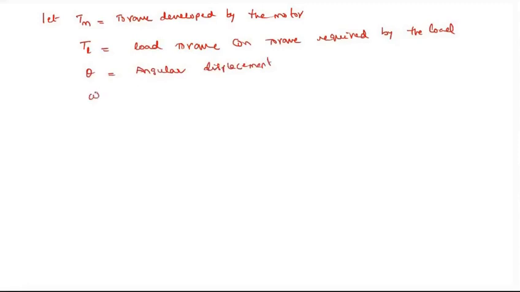Then omega is nothing but d theta by dt, that is angular velocity. Then J is nothing but the moment of inertia of the load.